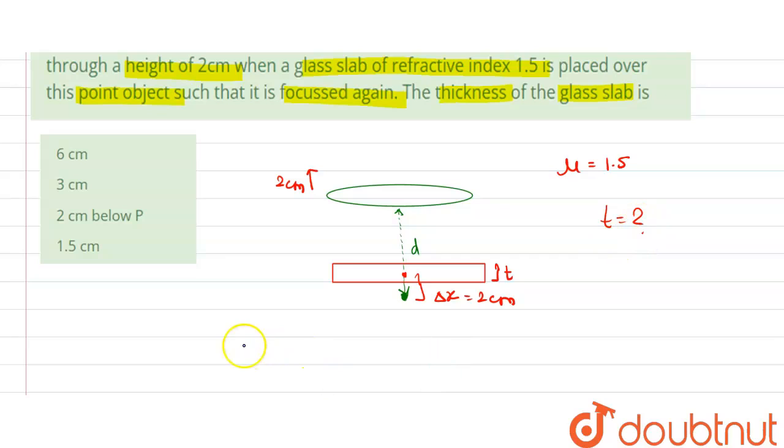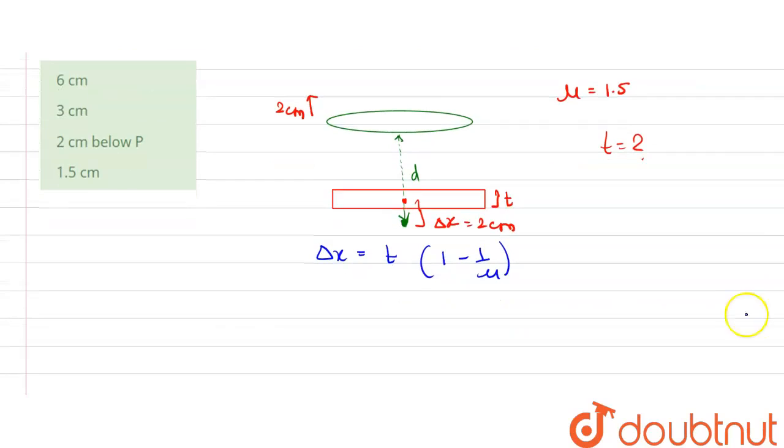We have the equation delta x is equal to T into 1 minus 1 upon mu. So delta x is 2, equal to T into 1 minus 1 upon 1.5.